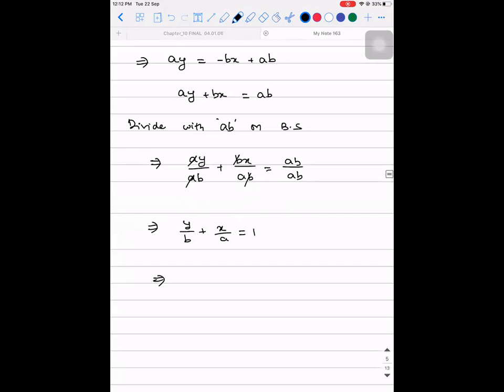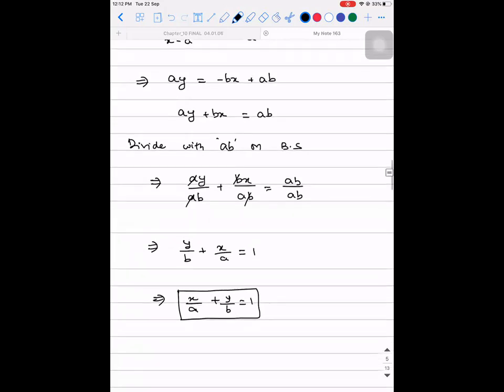So the required equation will be x by a plus y by b is equal to 1. And this is the required equation in which form? If they only mention intercept form, it means both the intercepts are given. If it is slope intercept form, it is the previous case.